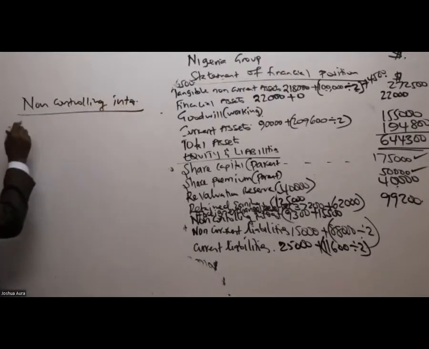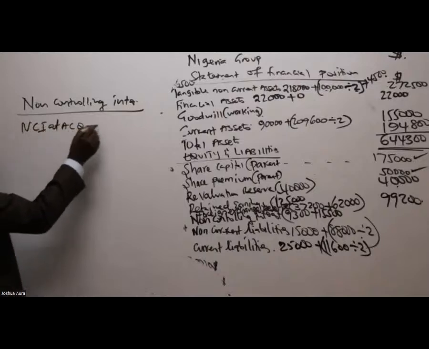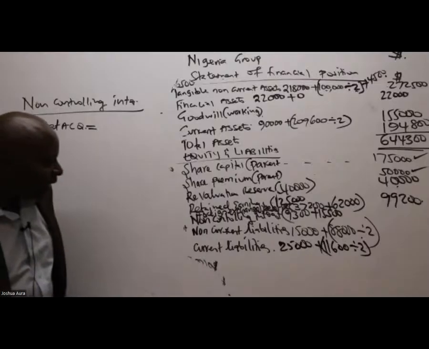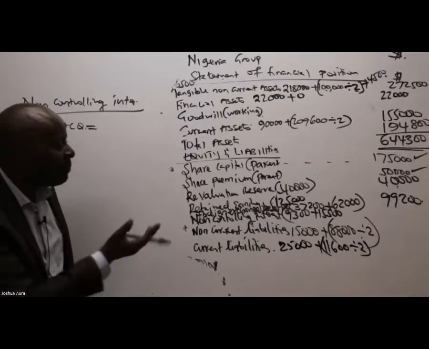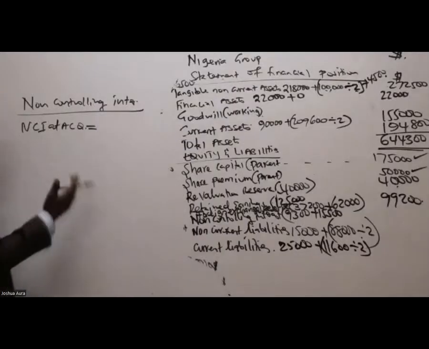Non-controlling interest: there was NCI at acquisition. Tell me, how much was it? NCI at acquisition, how much was it? I'll come back to it, no problem. Let us finish this one first.